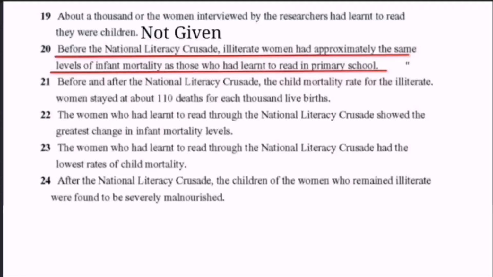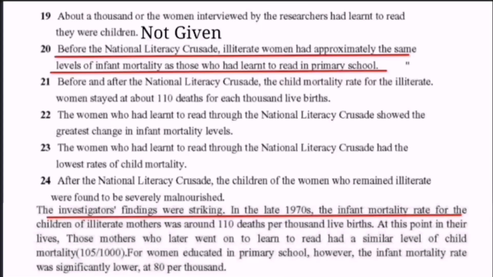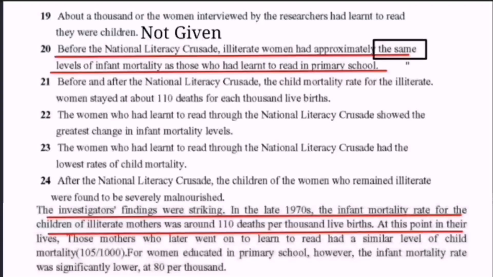Let's move to the passage and try to find the answer for question number 20. We read paragraph number 5. The investigators' findings were striking. In the late 1970s, the infant mortality rate for the children of illiterate mothers was around 110 deaths per 1,000 live births.